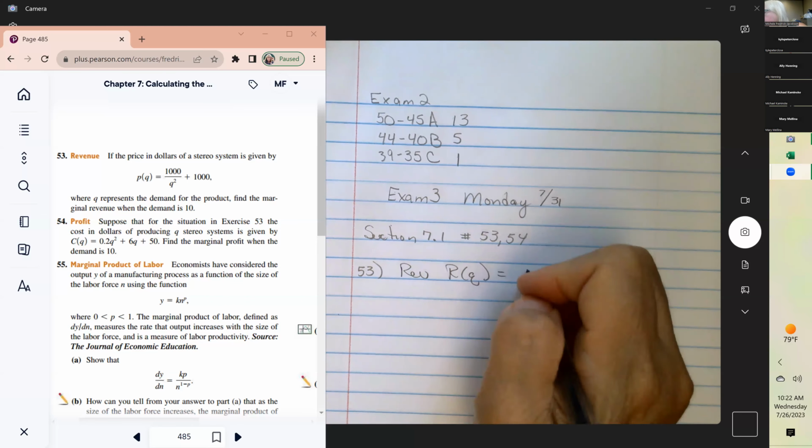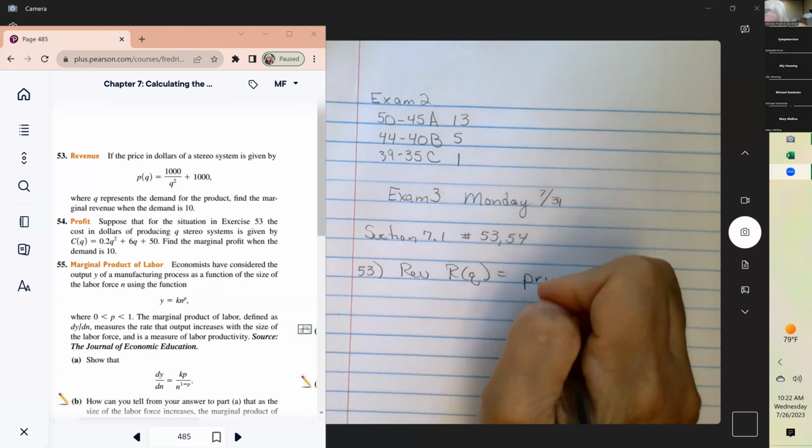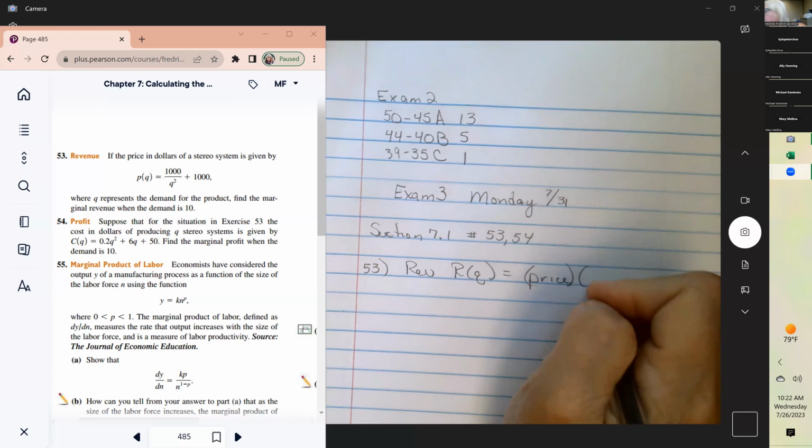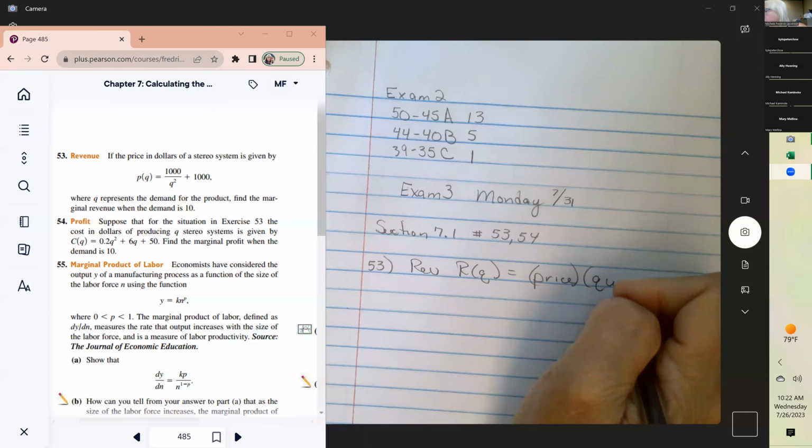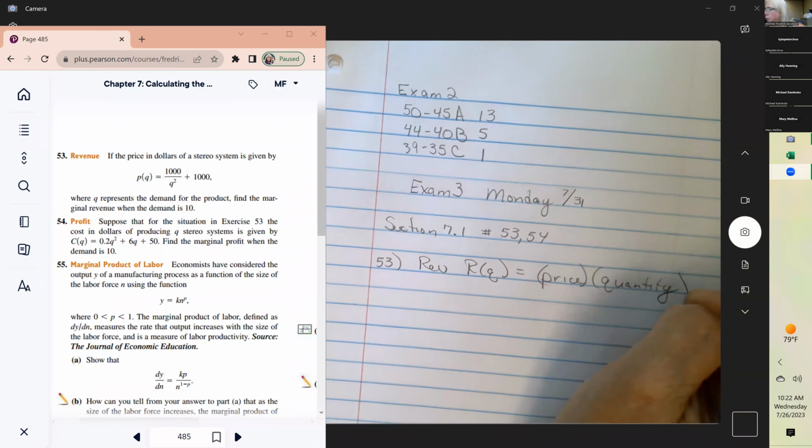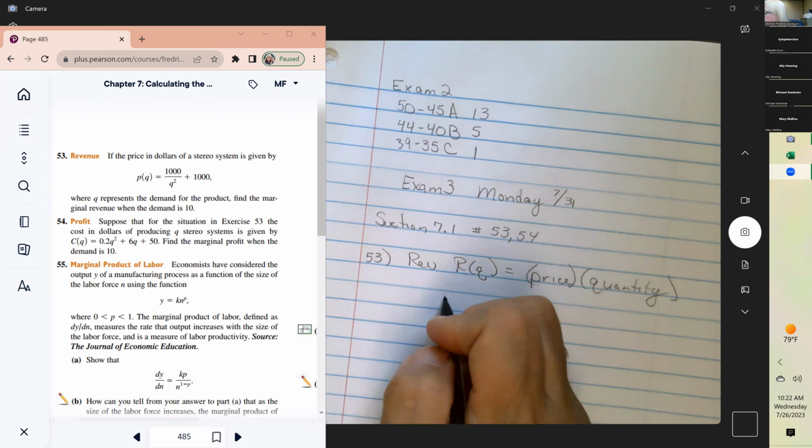Remember, revenue is price times quantity. And we do have the price.